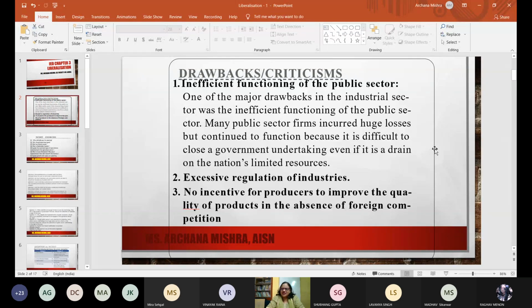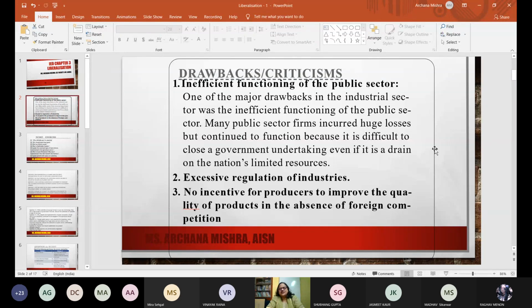Now, which was the 12th 5-year plan, the last 5-year plan, after which Niti Aayog replaced the planning commission. And then we also saw the questions on why public sector was given an upper hand, the commanding heights of the economy.